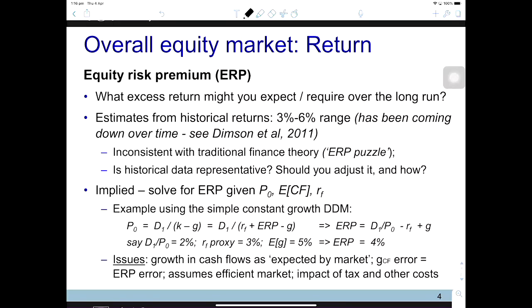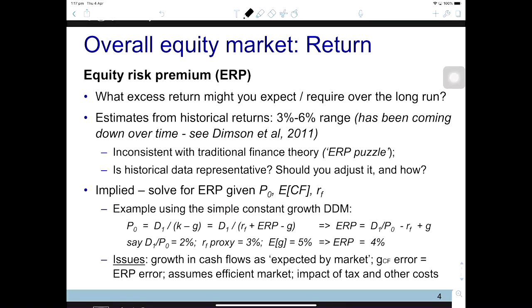So to estimate this equity risk premium as a major input into our forecast of expected return of equity as an asset class, we can use the just traditional, very boring, old school discounted cash flow or dividends discount model.